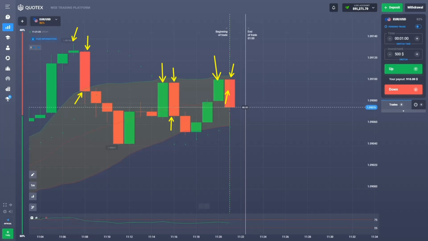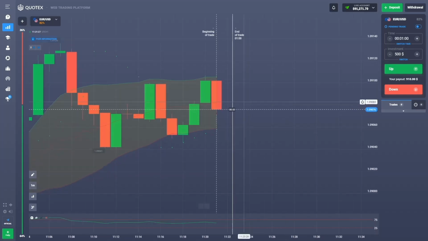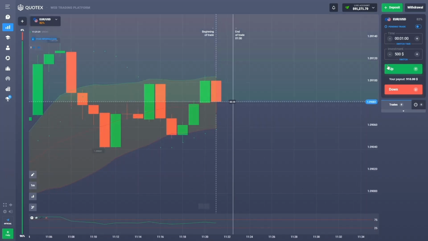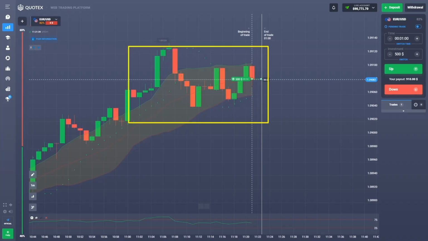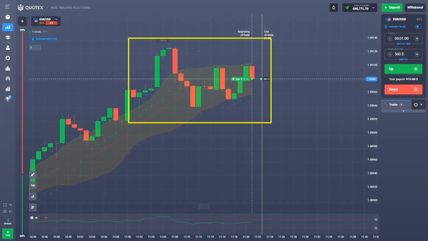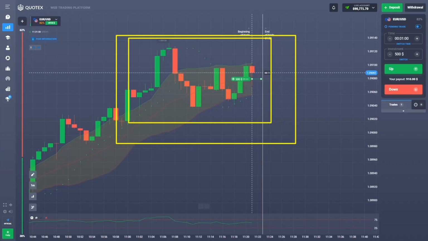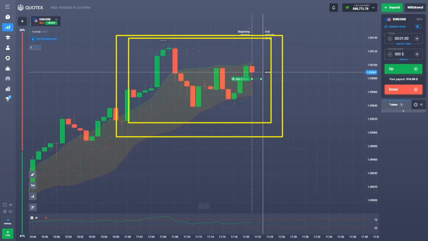A red candle was just created. Now it's flipping, it's bouncing back, a reversal. The strategy will help you predict chart patterns and what the market is creating. You can use different history.